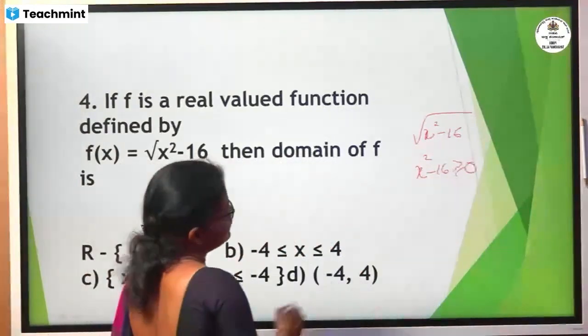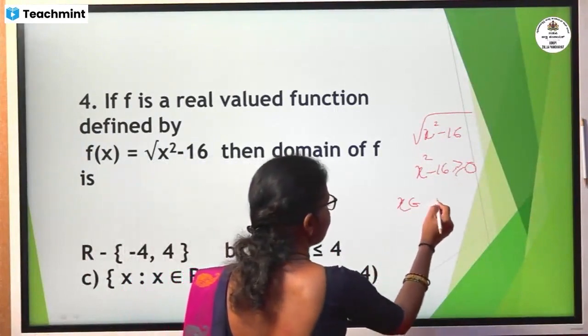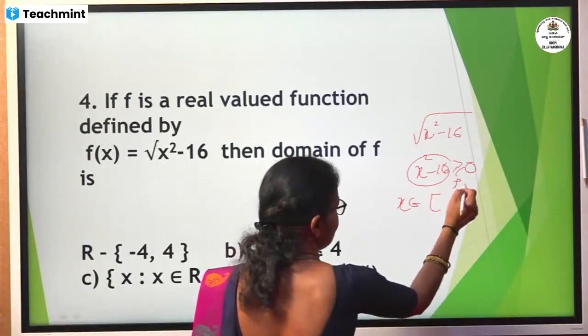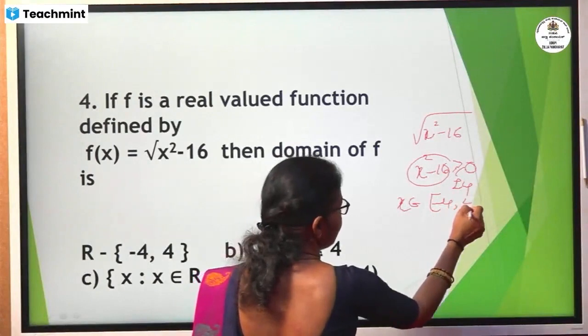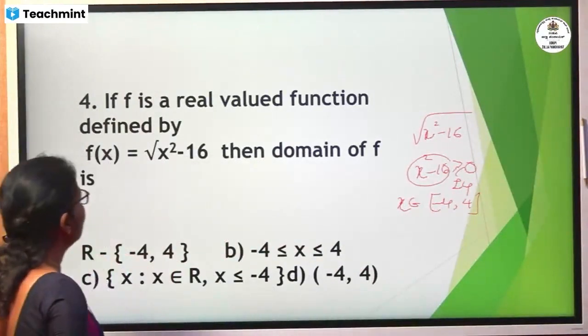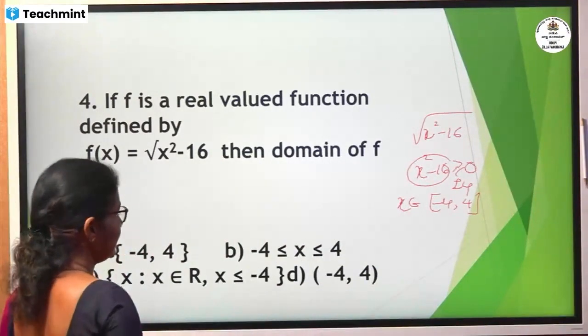Simplify this. After simplification we'll get plus or minus 4. So x belongs to the closed interval minus 4 to 4. So this is considered to be the domain of this function. Closed interval minus 4 to 4.